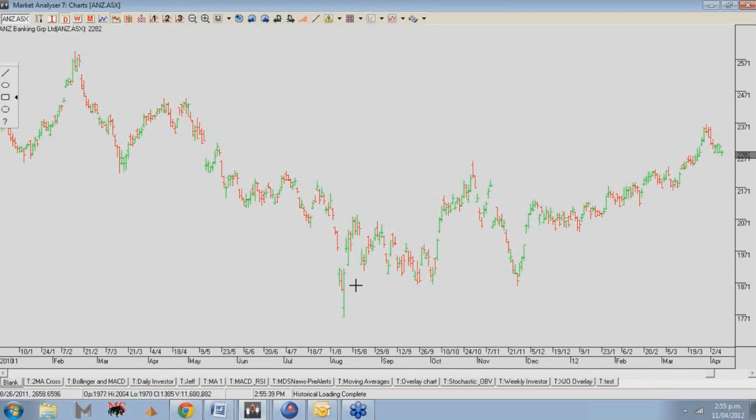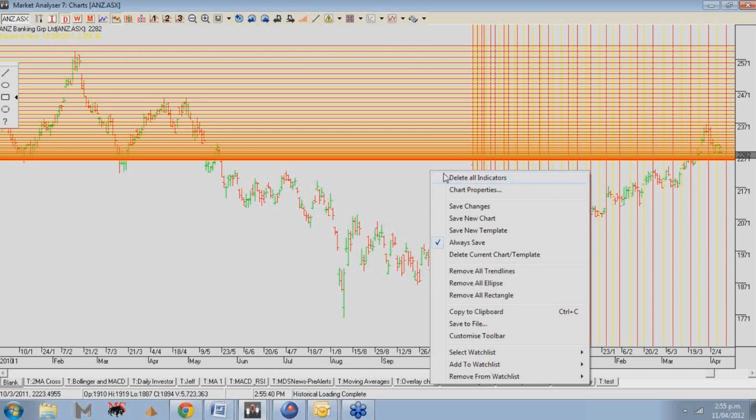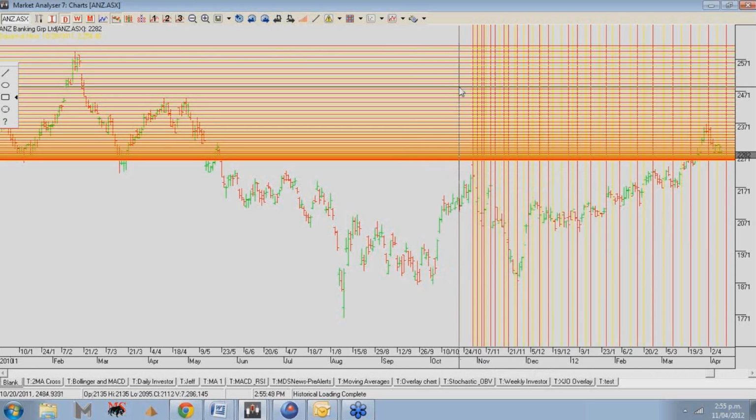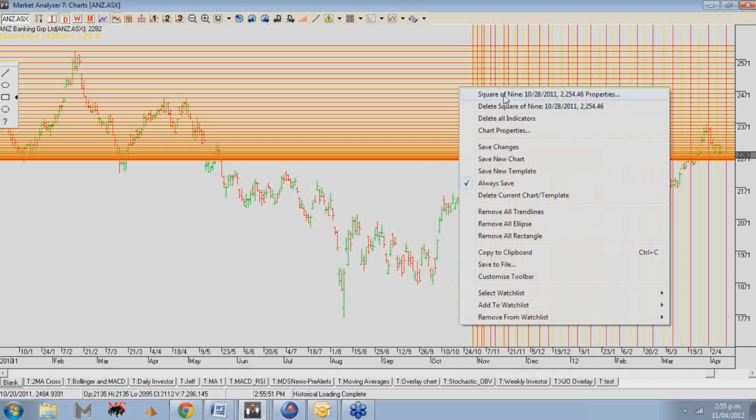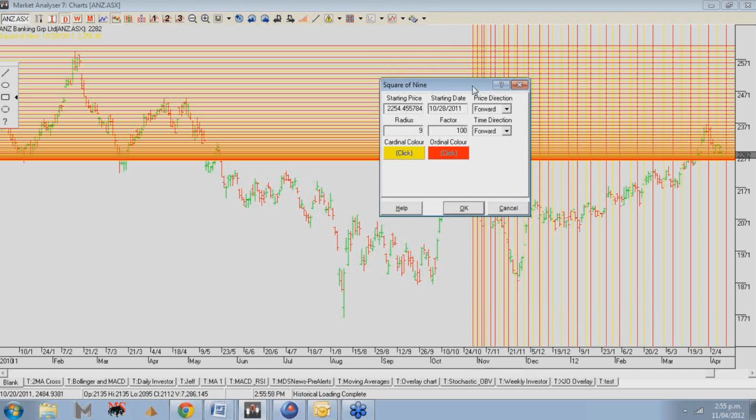The GAN square of 9, apply it through there, and once it's applied, you right click and go into the properties, right click on it and go into the square of 9 properties. Now you will have to adjust the factor because everything is now in cents, not dollars, and the default will be for that.